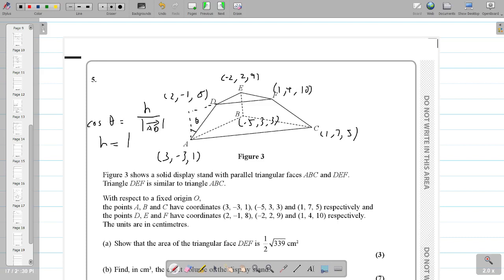H is cos theta. Oh, okay. So let's write that into our actual working.